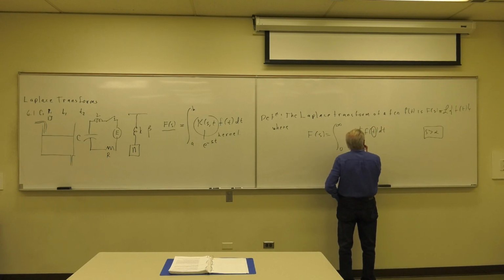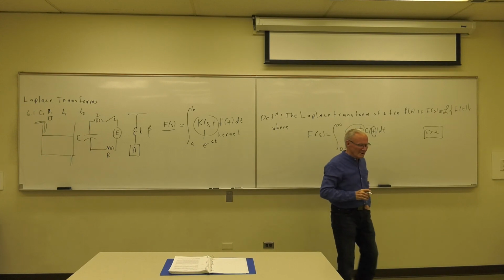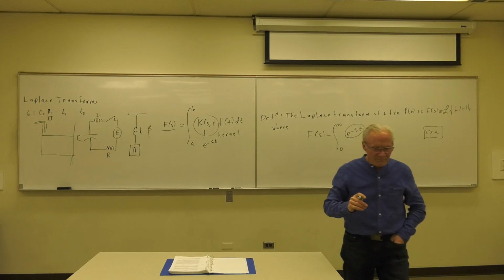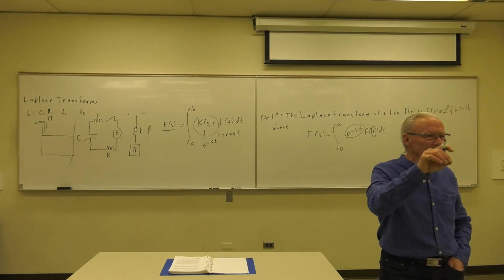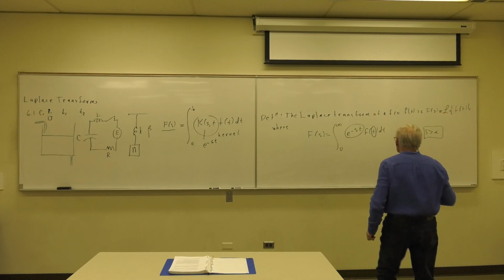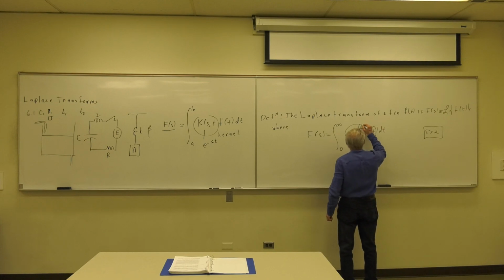But what have we got here? What are the units of that? Problem is, that's a problem. What are the units of e to the minus s times t? Well, this guy has units of time. This guy really can't have any units.